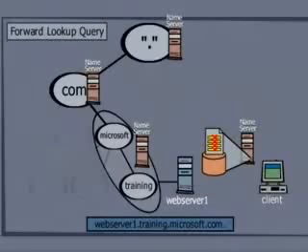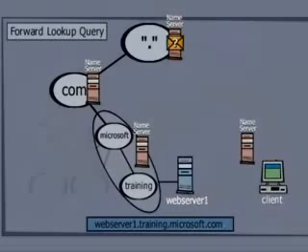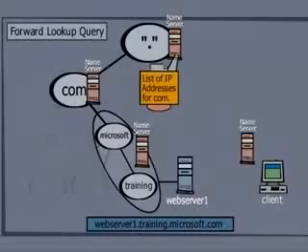It does not have authority, but the name server does contain information that points to the root name servers. The local name server will now begin a search for the name server that has authority for the domain training.microsoft.com, starting with the root name servers.